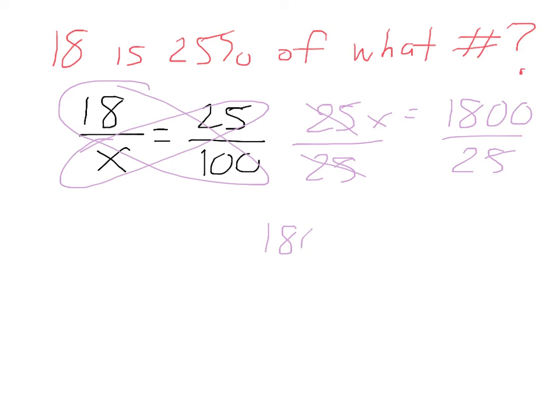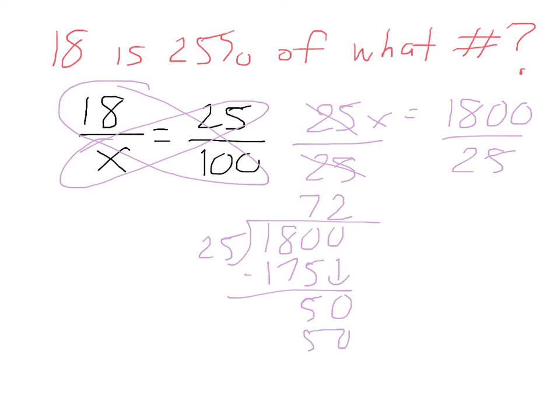I'm going to take 1,800 and divide it by 25. Does 25 go into 1? No. Does it go into 18? No. Does it go into 180? Yeah. How many times? 7. And 7 times 25 is 175. When I subtract, I'm left with 5. Bring down the 0. 2. And x equals 72.